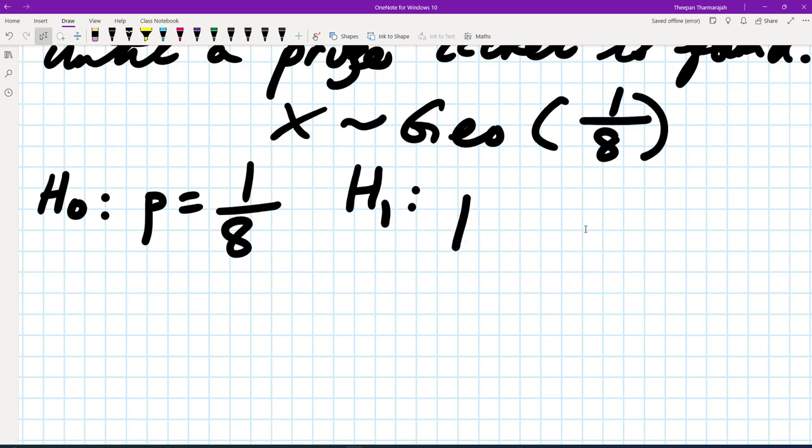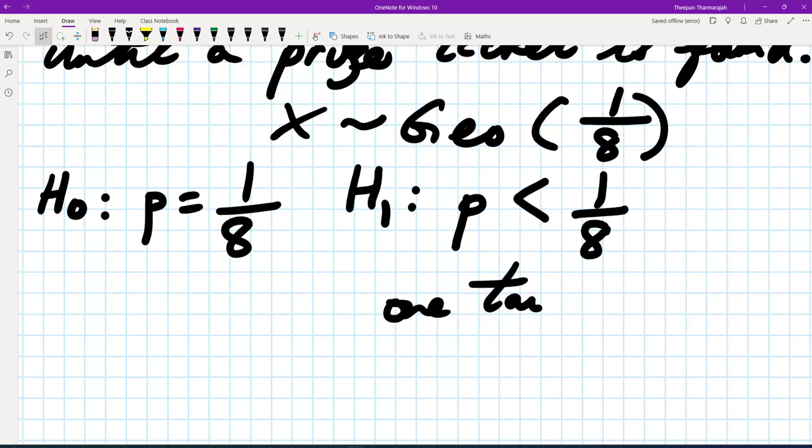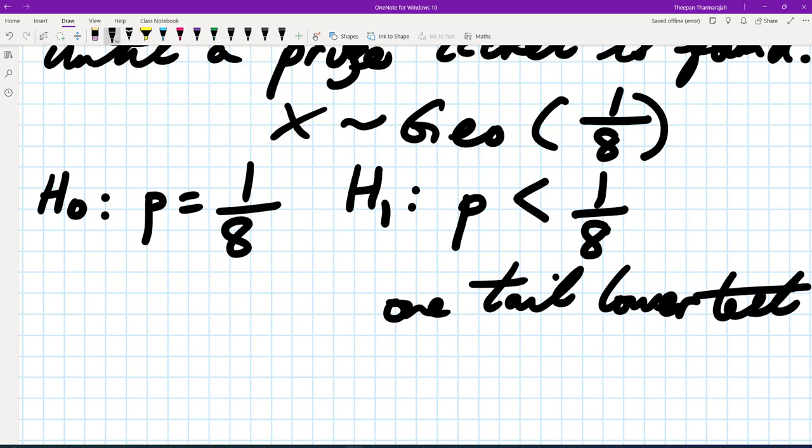So in reality, if the claim was true, the proportion would actually be less. So P would be less than an eighth. What we say to the examiner is we have something called a one-tail lower test, because it's the lower tail, and alpha in our case would be 0.05. So we've now set up our hypothesis test.